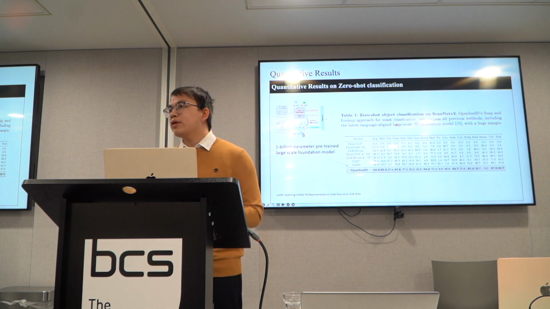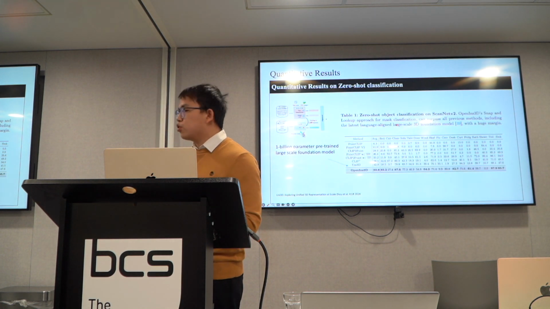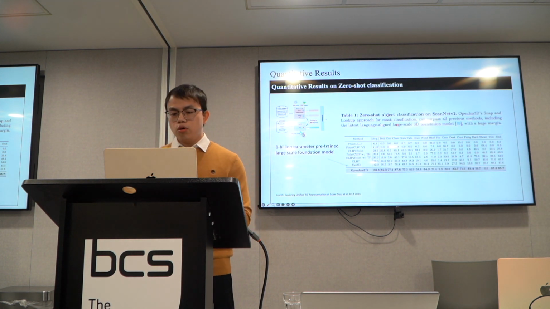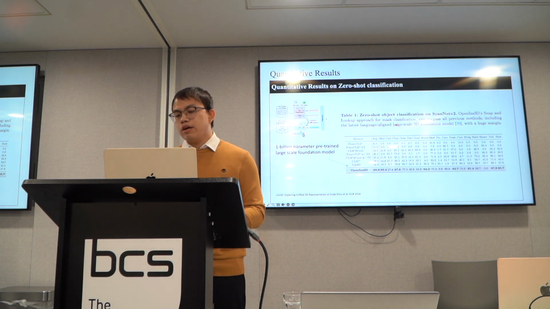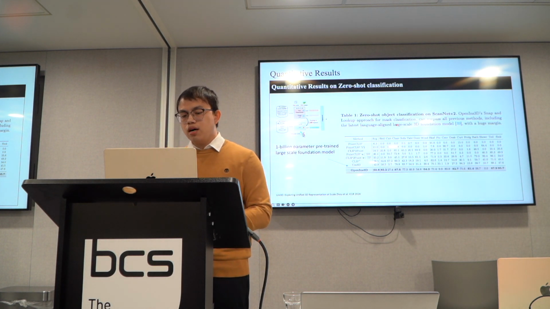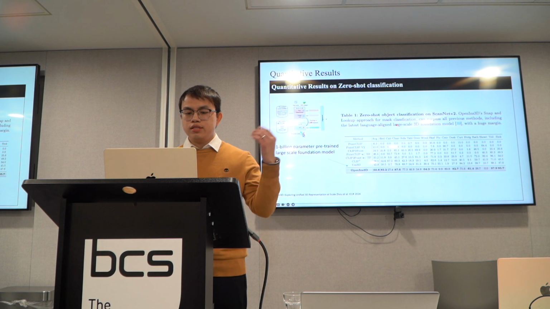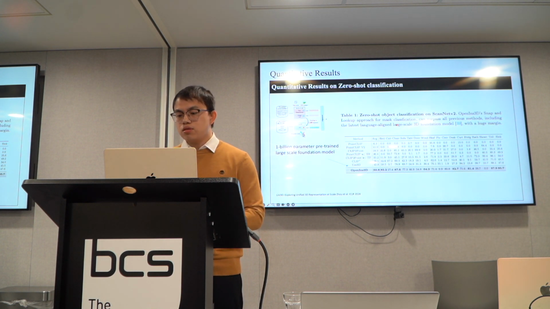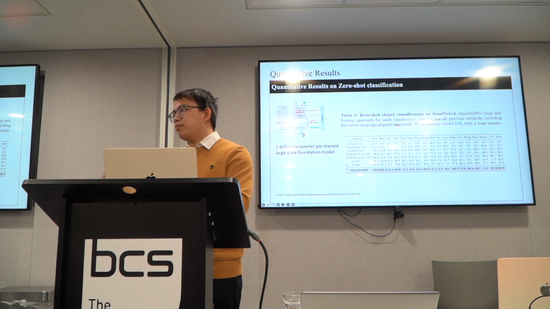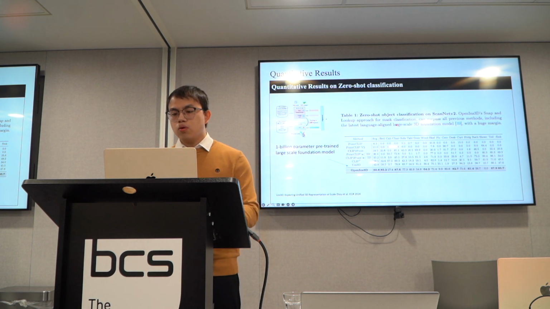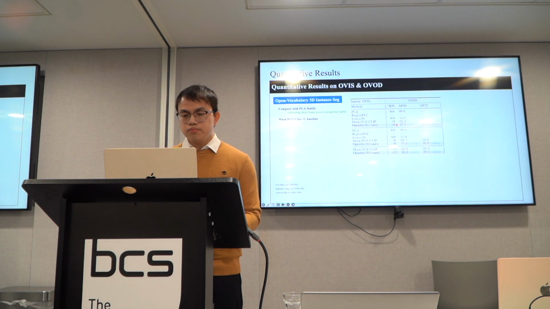But if we use the snap and lookup approach of OpenEase 3D, we can actually achieve about 50% higher than those well-trained, fine-tuned models. So this is why we believe the proposed snap and lookup approach is quite useful compared to others.